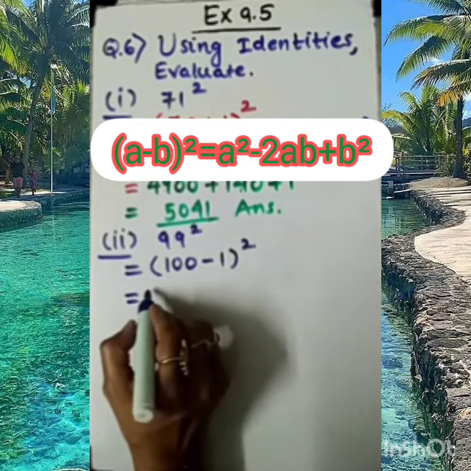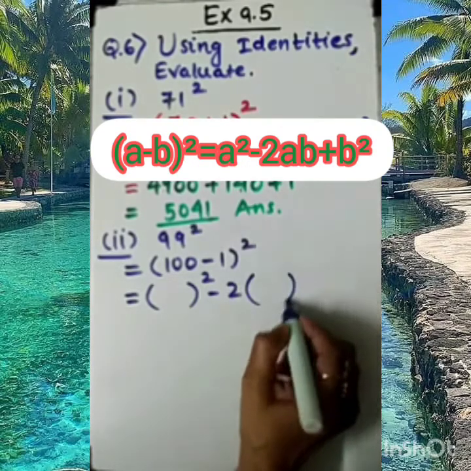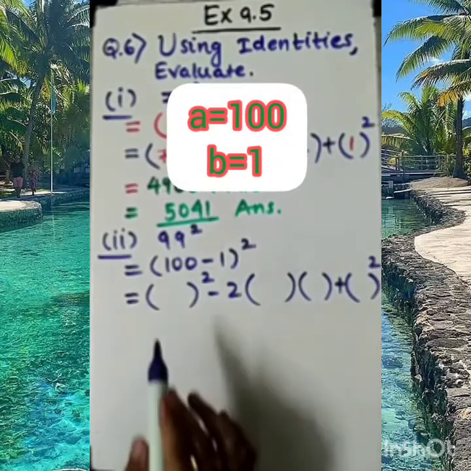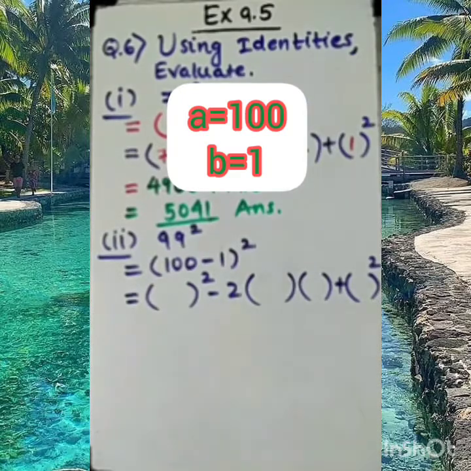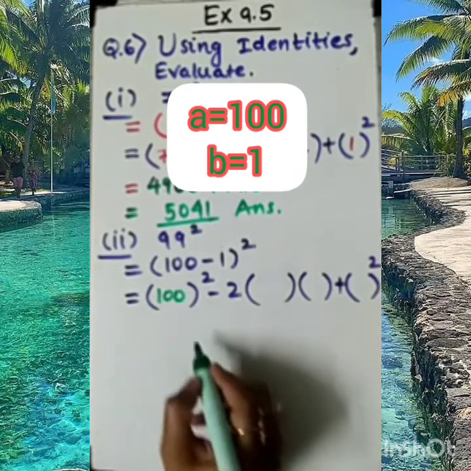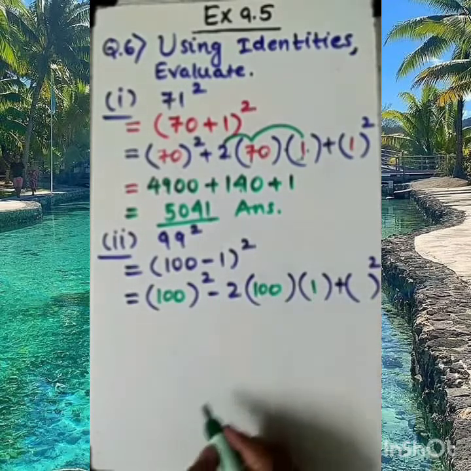Our second identity says a square minus 2ab plus b square. Now what is a? If we compare, a will be the first term, 100 here, and this is also 100. What is b?